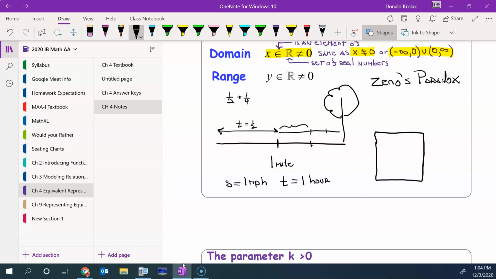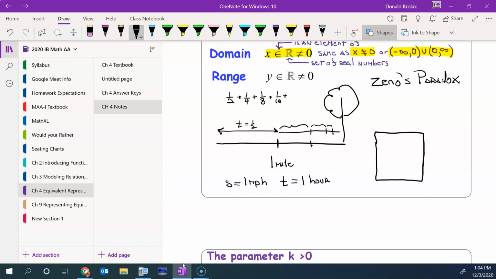Then if I walk to here, how much time? 1/8. And then half that distance. He'll never get to the park, but remember, this is time.